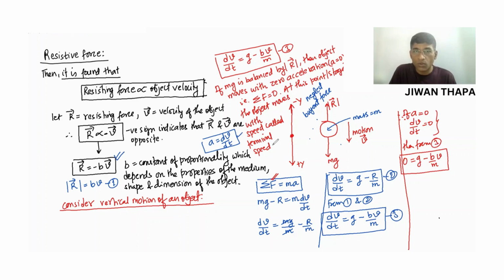Let us denote terminal speed by the symbol Vt.